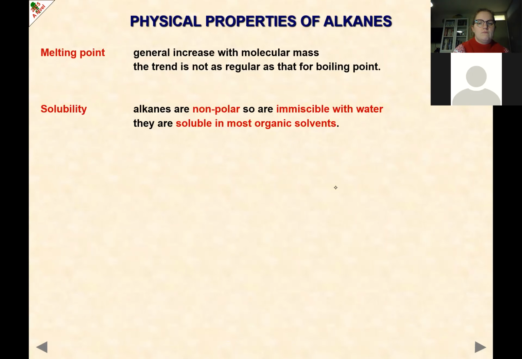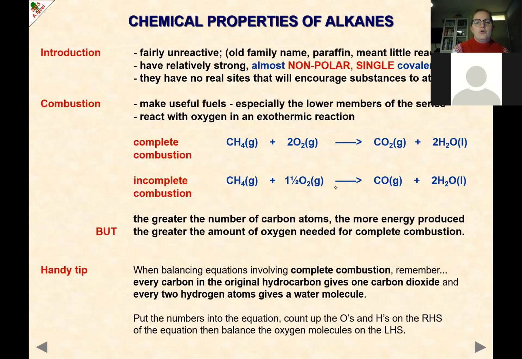So chemical properties. Alkanes are fairly unreactive. They're quite strong, almost non-polar, and they involve single covalent bonds. They don't really have any sites that encourage substances to attack them, which makes them highly unreactive.